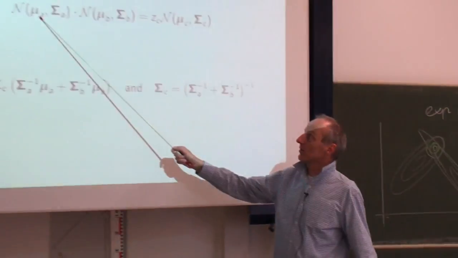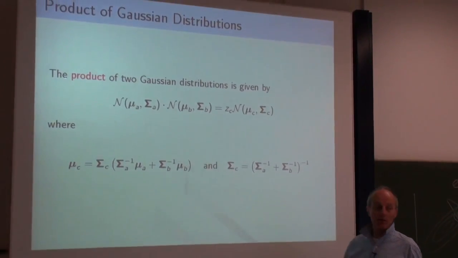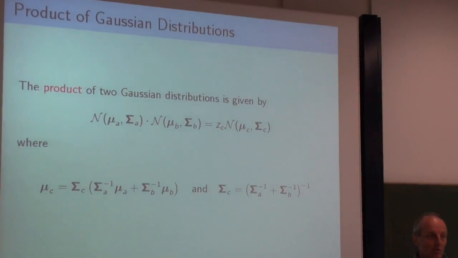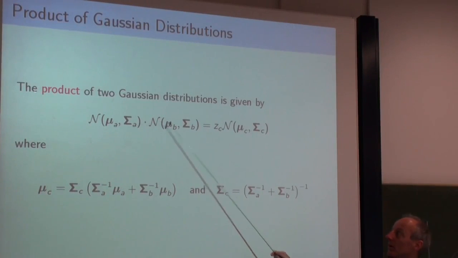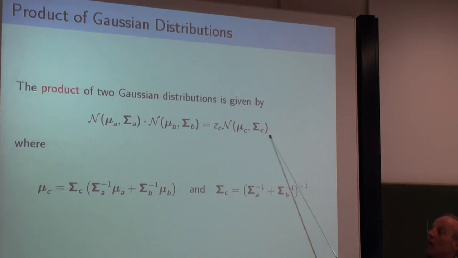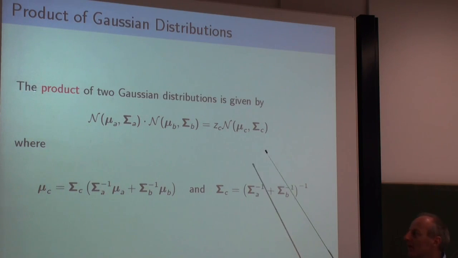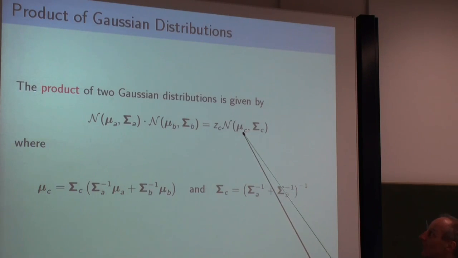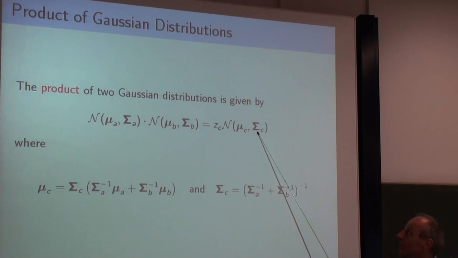So we can even multiply two arbitrary normal distributions with non-diagonal covariance matrices, and we get a new normal distribution. I mean, that's a really nice result. And there are even simple formulas for getting the new expected value and the new covariance matrix. This is the new covariance matrix. It's so simple.